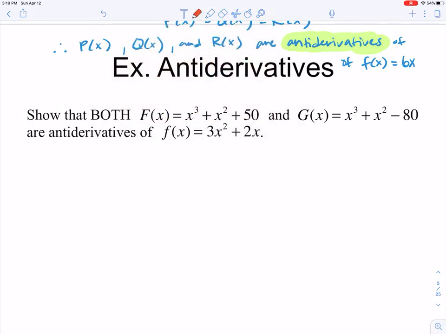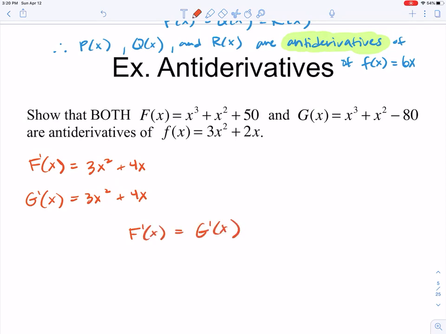So let's look at this next example. So we want to show that both capital F of x and capital G of x are antiderivatives of lowercase f of x. So to do that, we're going to take the derivative of capital F of x and capital G of x. So the derivative of capital F of x using power rule would be 3x squared plus 4x, and then the derivative of capital G of x would also be 3x squared plus 4x.